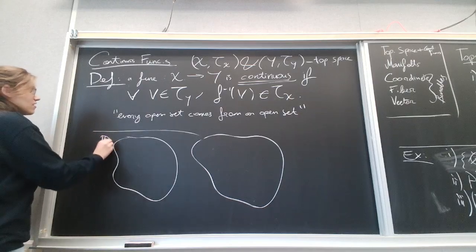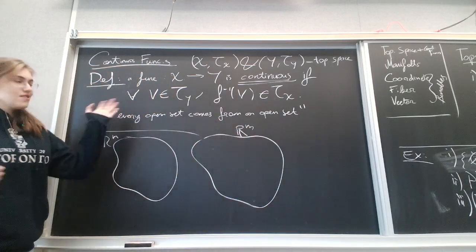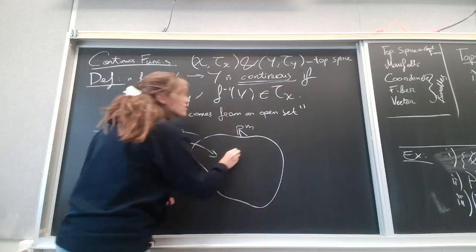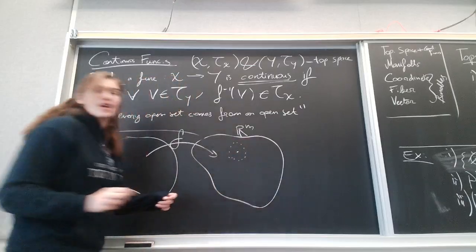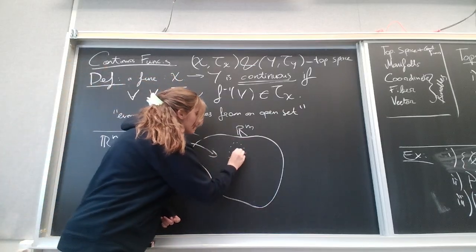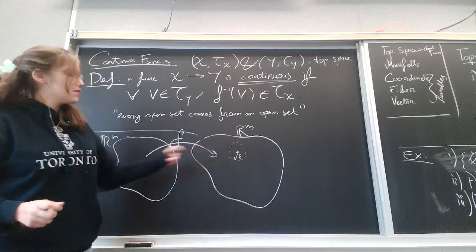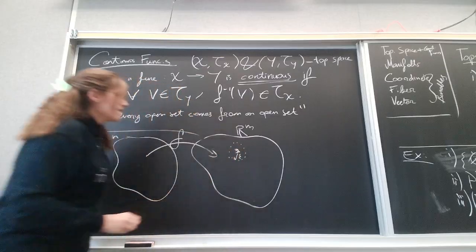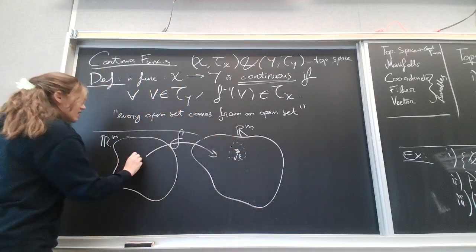Oh, so this is Rn, this is Rm. Now, if there's an f that's continuous, this means that for any point you choose here, and for any epsilon, this is your epsilon, you take a ball like this. You take the points that are at most epsilon distance from your point, and then you look where this was coming from.